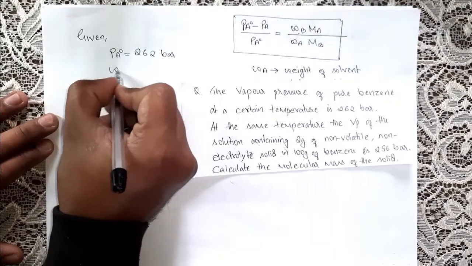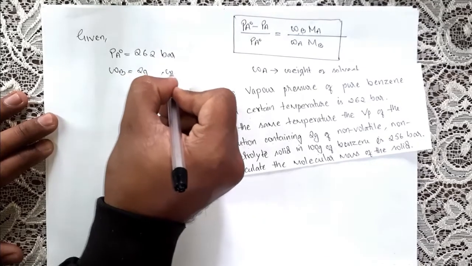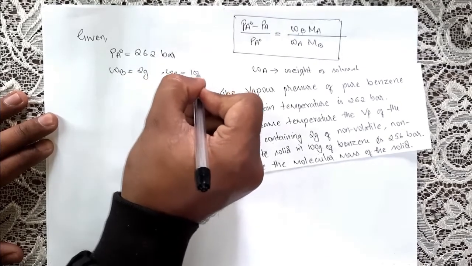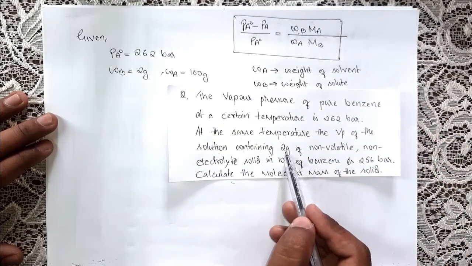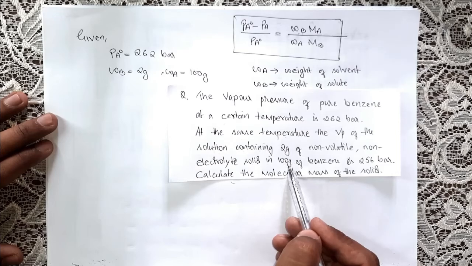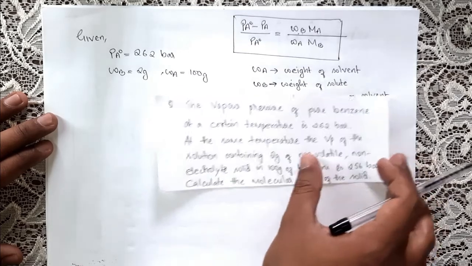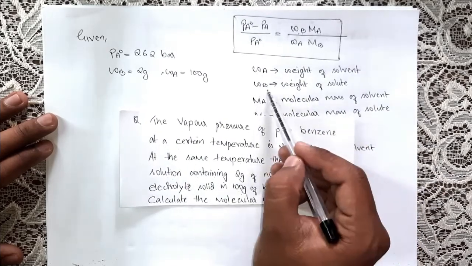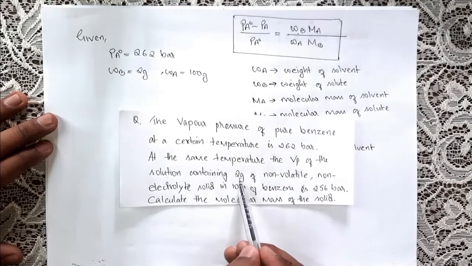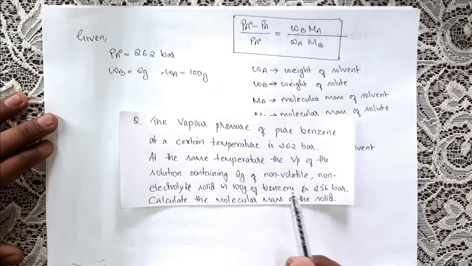So I can write WB is equal to 2 gram, WA is equal to 100 gram. Remember, this will be your solute and this becomes your solvent. Since it is given in gram, it becomes the weight. So weight of a solvent is WA, weight of a solute is WB.